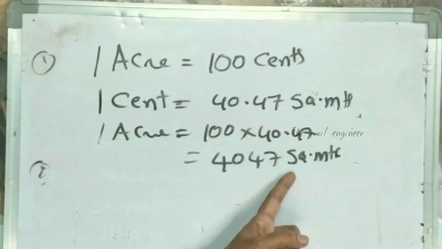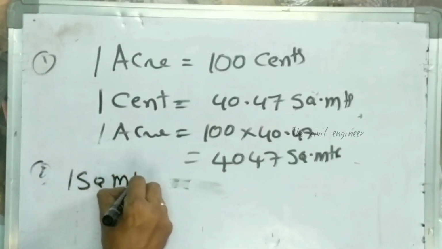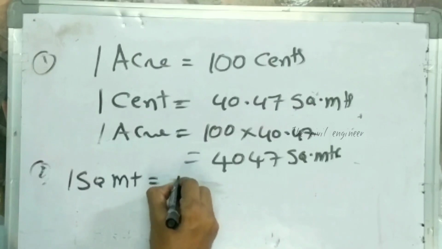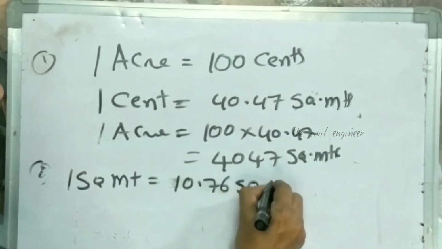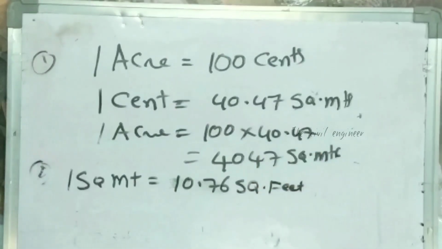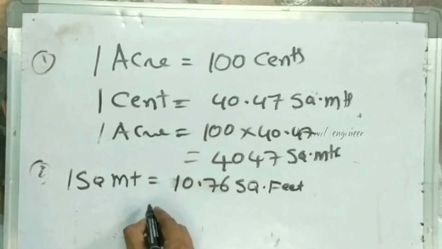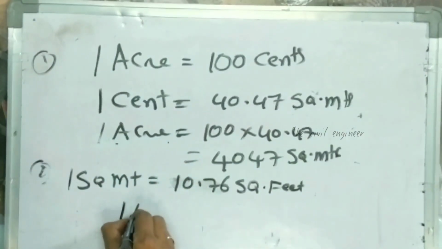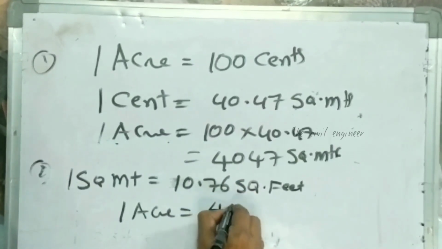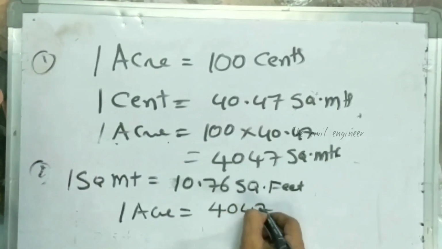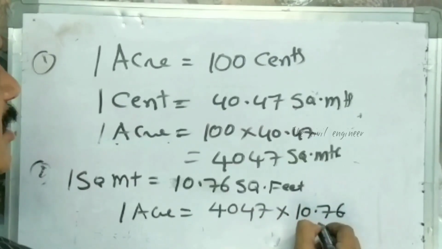But we already know what a square meter is. We know 1 square meter is equal to 10.76 square feet. So 1 acre is equal to 4047 multiplied by 10.76.